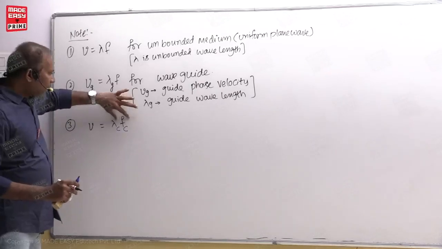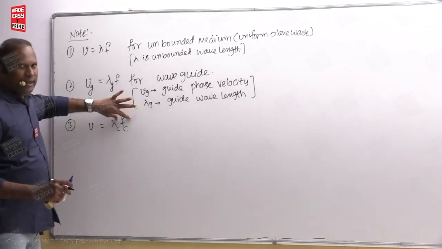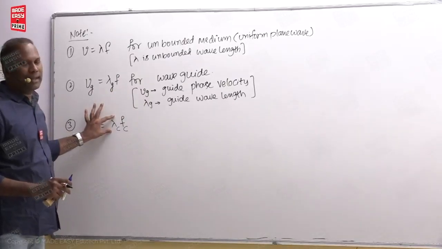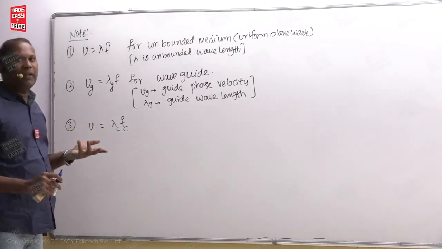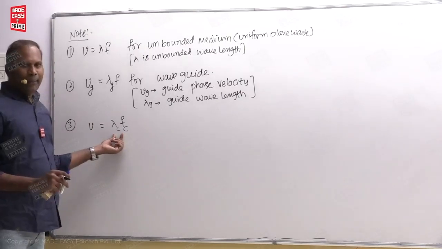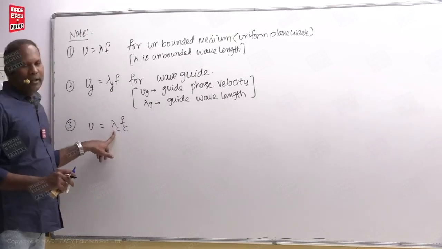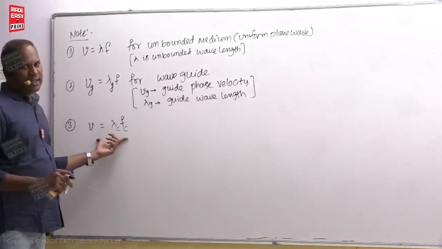So Fc is the property of the waveguide. Similarly, lambda c is equal to 2a. You have seen just now lambda c for dominant mode, that is 2a, which is decided by the waveguide. So this equation is nowhere valid in general, but this represents waveguide dimensions. If you want relation between Fc and lambda c, then this equation is used.